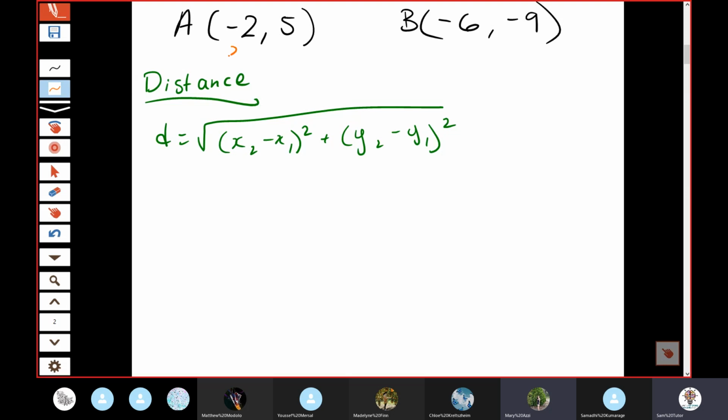Minus 2. Then what's x2? Minus 6. I thought I'd get someone. Y1, y2. Good stuff. So x1, y1, x2, y2. Again, all it means is that the ones are your first point, A, and the twos are your second point. And then obviously an x and a y.